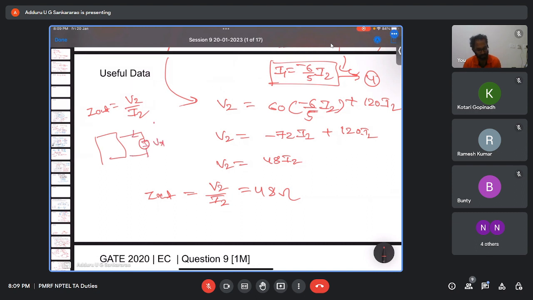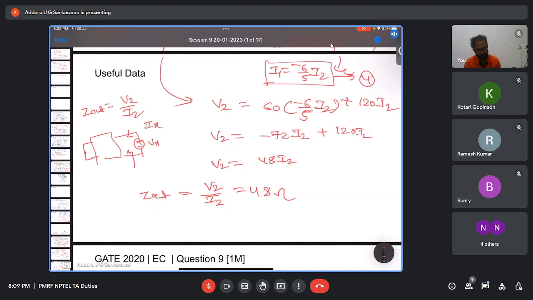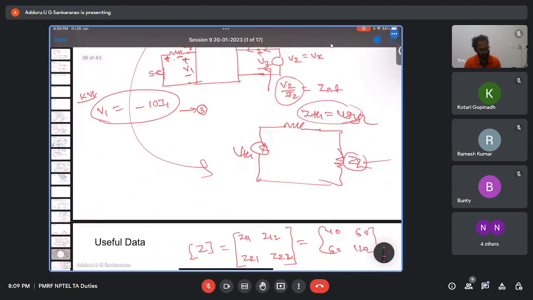Let us say the circuit is drawing some current Ix, and all the current sources you open circuit, all the voltage sources you short circuit. Somehow you try to find out the ratio Vx by Ix. That is nothing but the output resistance seen from the output terminal.